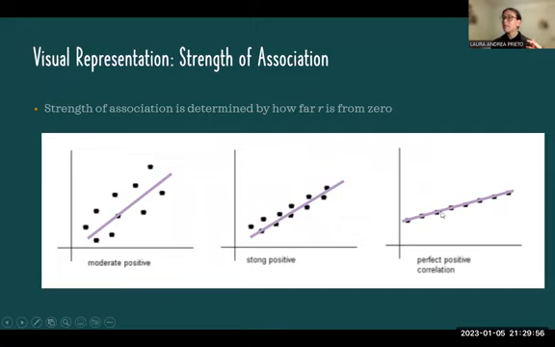So a perfect positive correlation, all of the points would fit perfectly on the line. A strong positive correlation, some points would fit on the line, but the distance from the line is going to be less than a moderate correlation here. So we're really looking at the distance of the points from this linear line.